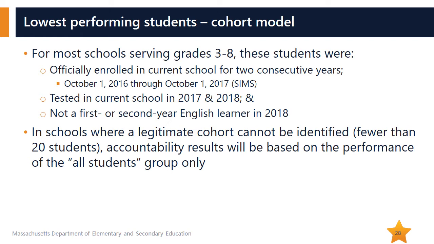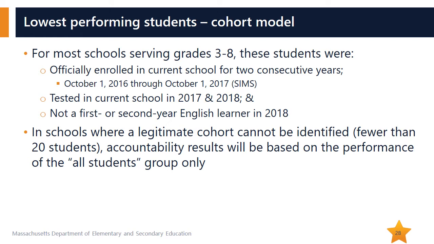In the cohort model, for 2018 reporting, the department will look at a school's October 2017 SIMS data. Of the students that are currently enrolled this school year, we will identify those students who were enrolled in the same school as of October 2016 and who tested in that school in spring 2017.